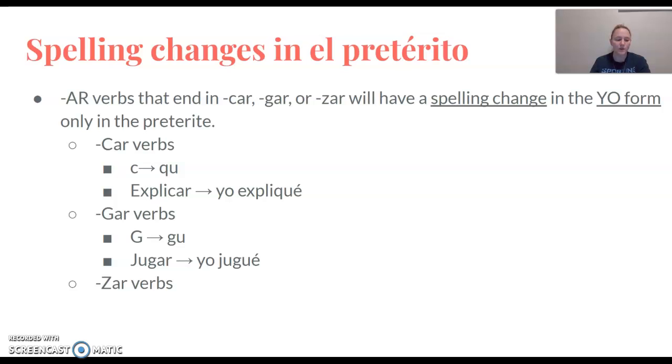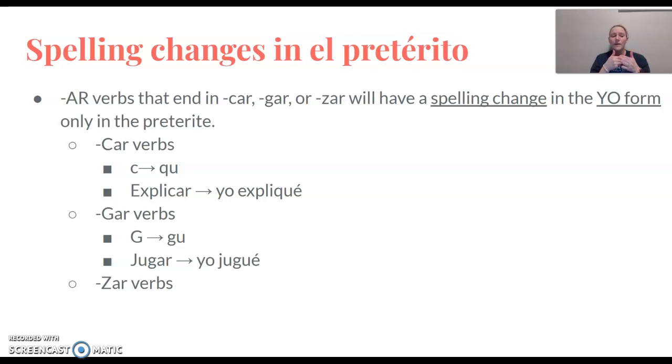This is one of those things where my non-native speaking ears don't quite hear the difference between a C and a Z. But I know from talking to my native speaker friends and students that whenever you have ZE, it puts a stress on the Z, which is a little bit weird. If you don't hear it, that's fine, because I don't hear it either.